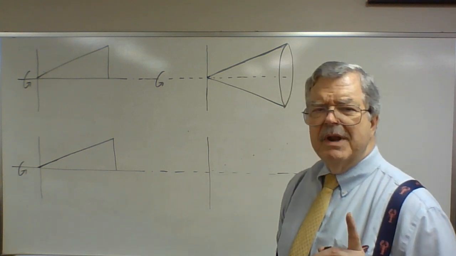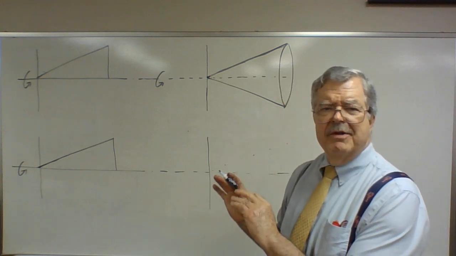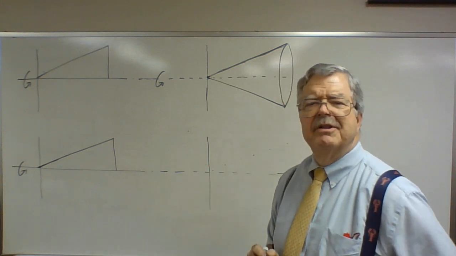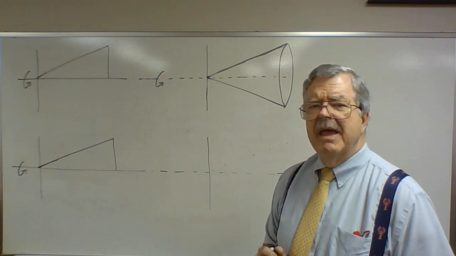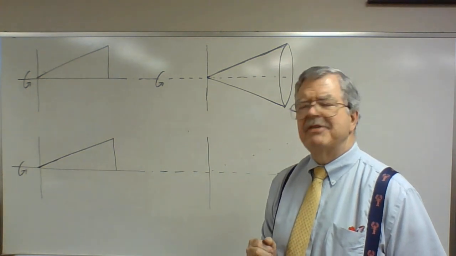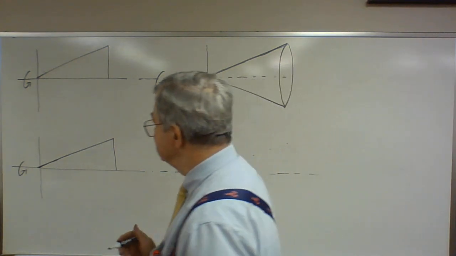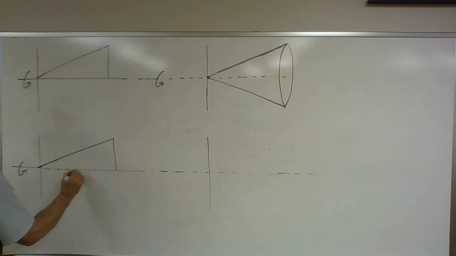Now, let's see what happens if we follow our algorithm and partition the interval into subintervals of width delta x, and we revolve each rectangle about the x-axis to generate a disk. Let's see. Partition, partition, partition.